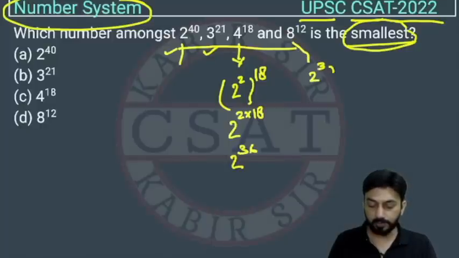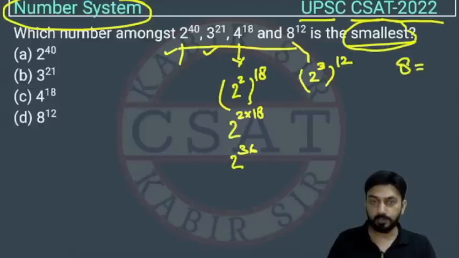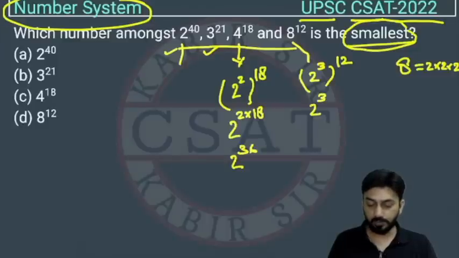And this is 12 as it is, because 8 is 2 into 2 into 2, right? So it can be written as 2 to the power 3 into 12, and so this will become 2 to the power 36. So these both terms are same, right?